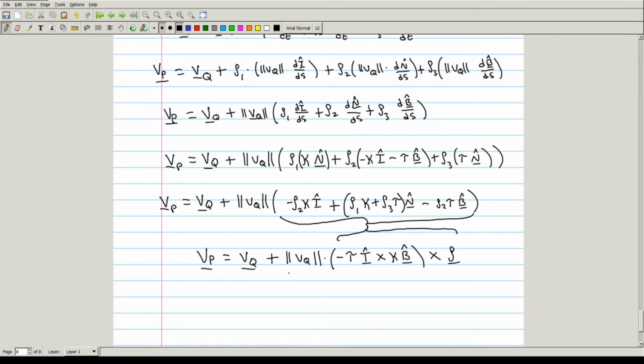This is a very, very special vector. This vector is a vector that we call the vector omega. It has a very special name. It's called the Darboux vector of the frame.